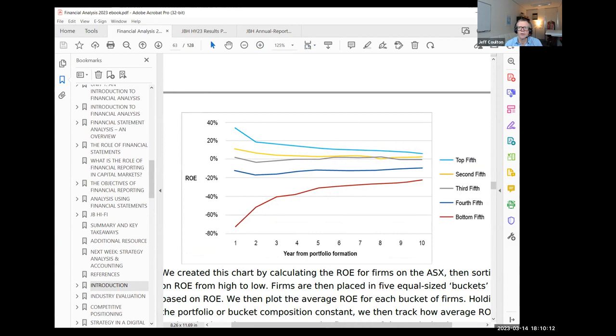We can even create this chart if we want to. But in short, what this tells us is that on average, really high or really low levels of ROE tend not to persist. So I'll say that again: really high or really low levels of return on equity tend not to persist.